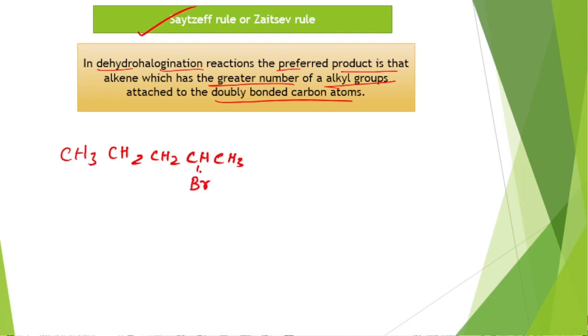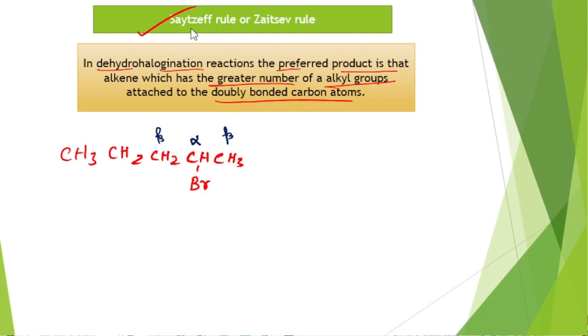If Br is attached to this compound, then this is going to be my beta carbon, this is going to be my alpha carbon, and this is going to be my beta carbon. Now you can get two different types of products based on your beta carbon.